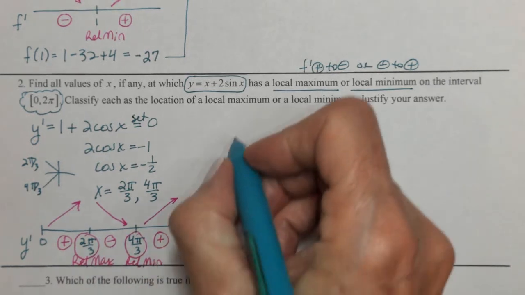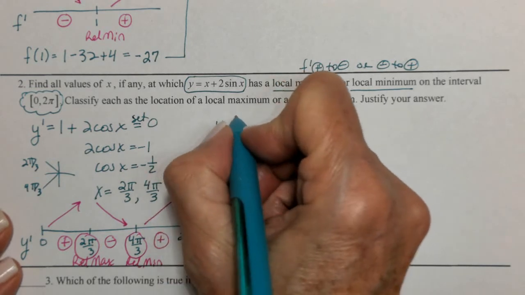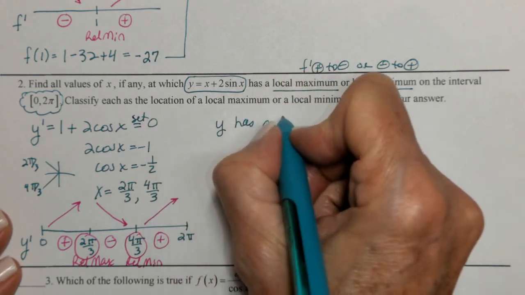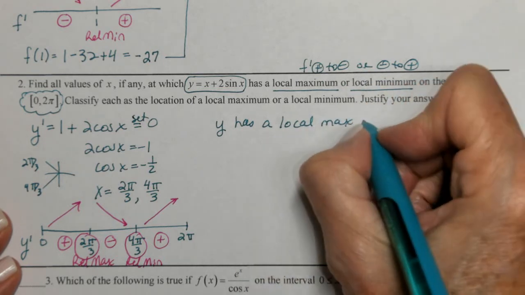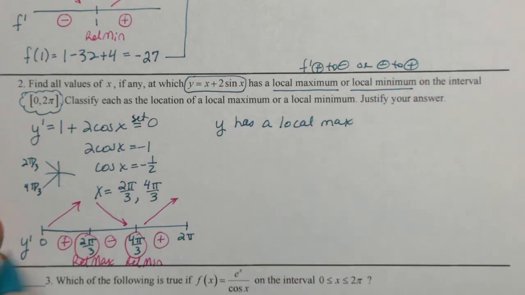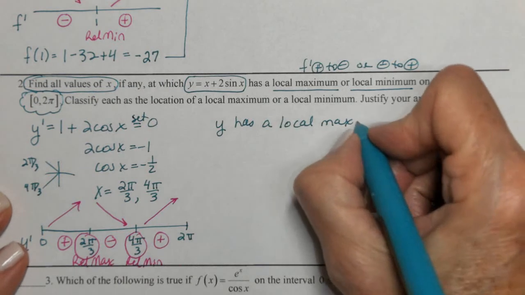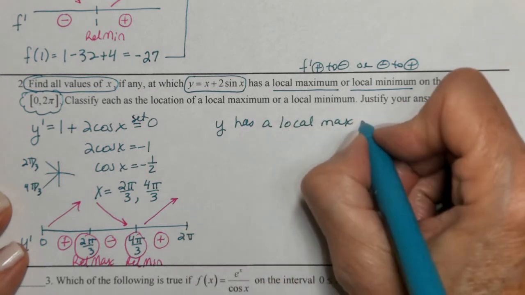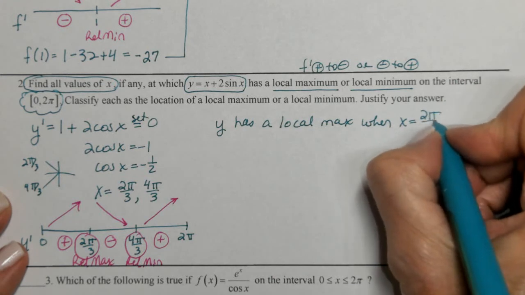So I'm going to answer my question here. Y has a local max. Did they want the points or did they want the x values? Just x values. So I'm going to say y has a local max when x equals 2 pi over 3.